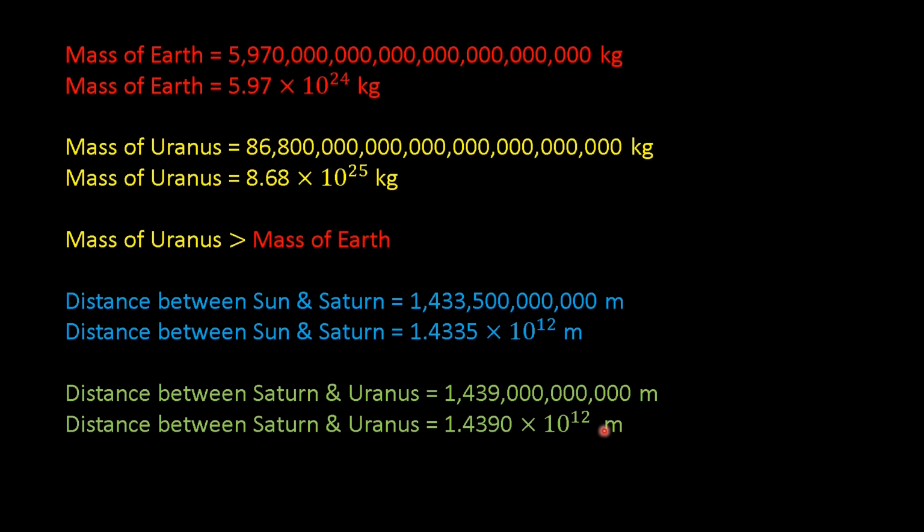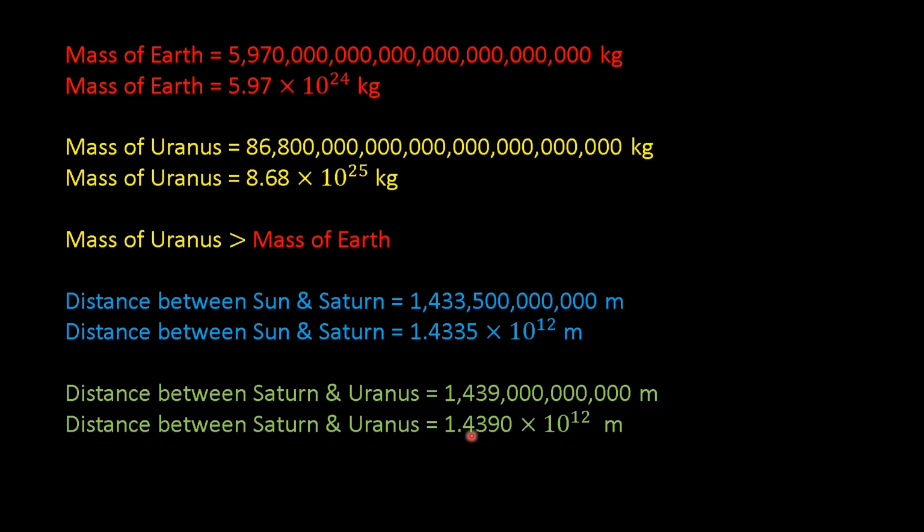Now how to compare them? Here first we will look at the powers of 10, which we find to be the same, 10 raised to 12 in both the cases. Next thing we have to do is compare the first numbers that are coming. In the first case, it is 1.4335. In the second case, 1.4390.